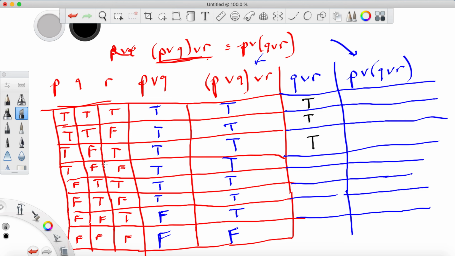Q or R right here, they're both false, so this is going to be false. We have true here, and true, and true, and false. So now anytime I see a true in the previous column, I'm going to go ahead and write it over here.